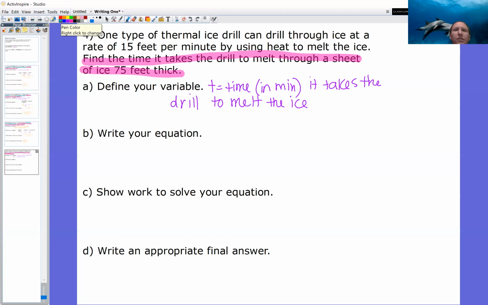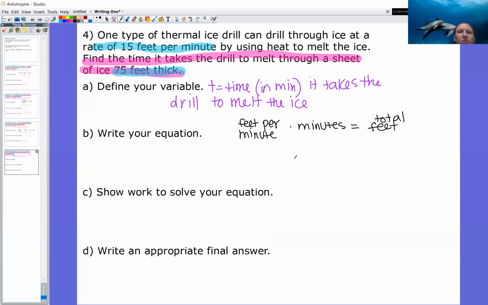Okay, the other pieces of the equation says it's going at a rate of 15 feet per minute. Okay, and then it's 75 feet thick. So for this one, if I take how many feet it does per minute, and I multiply it by the number of minutes, that's going to tell me how many total feet it melted through.